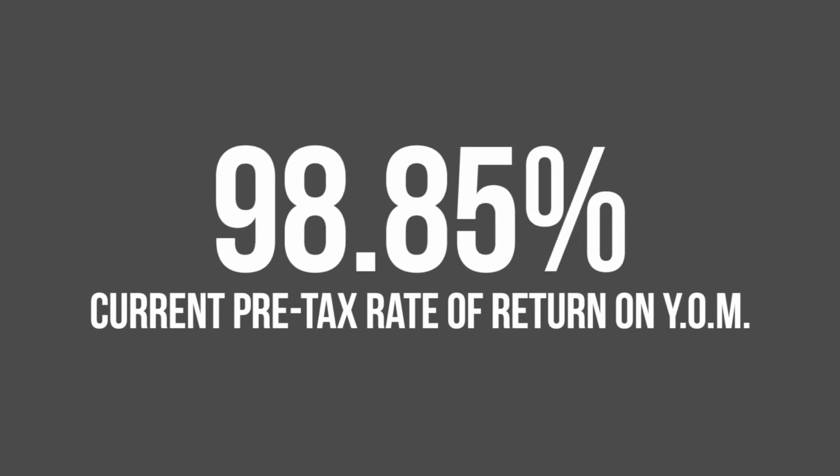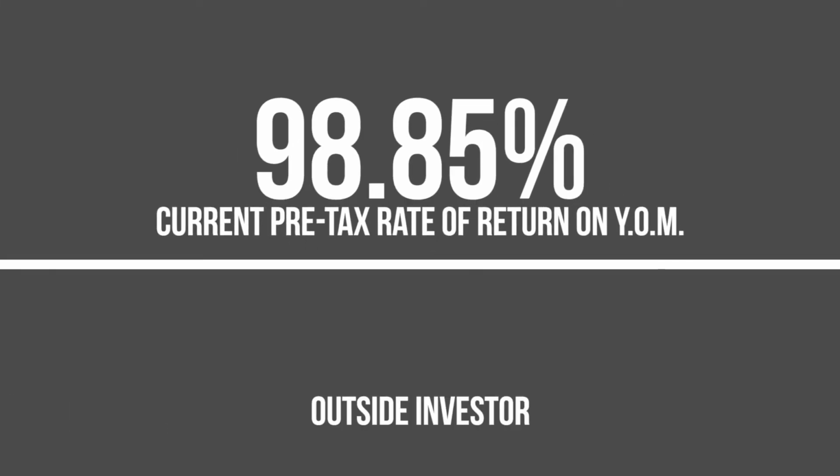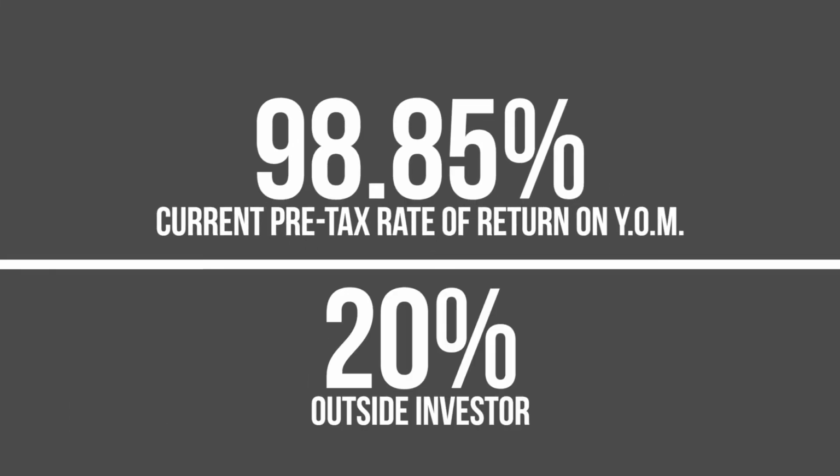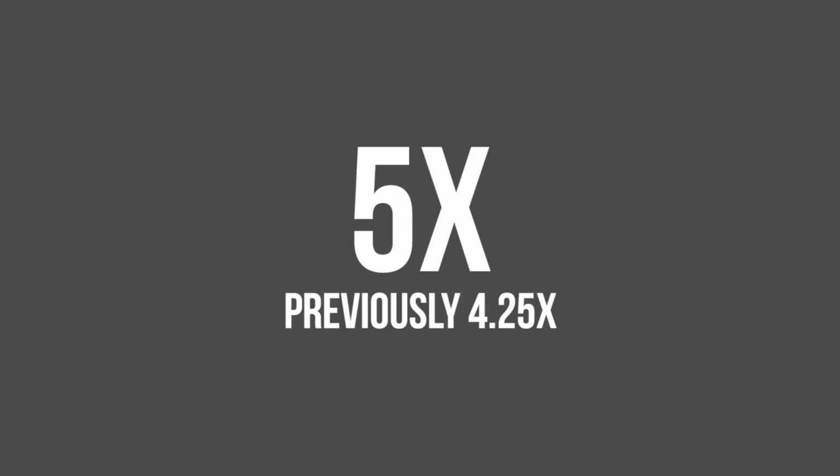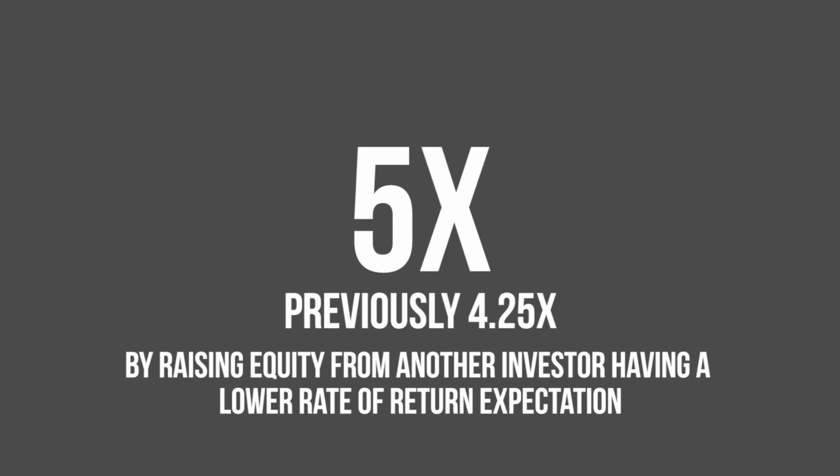Take that 98.85% current pre-tax rate of return and divide it by the outside investor 20% acceptable return target, and you get an investment that's worth about 5 times what you paid for it. Your value creation multiplier just rose from 4.25 times to 5 times by raising equity from another investor having a lower rate of return expectation.